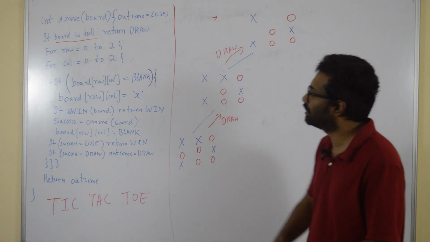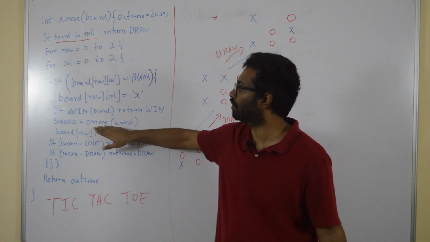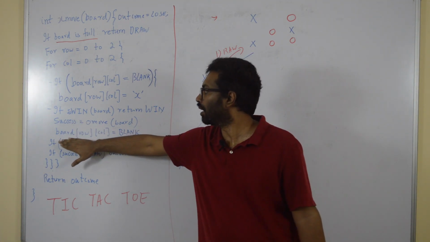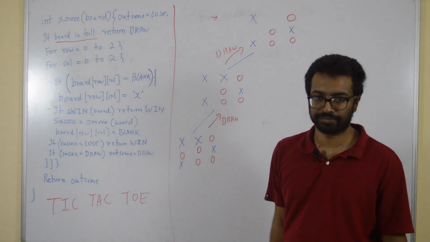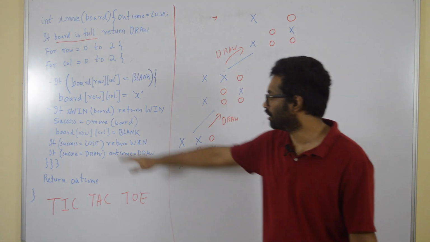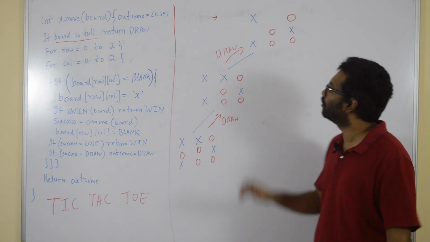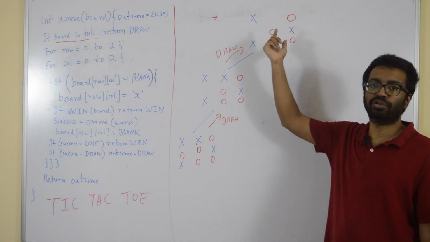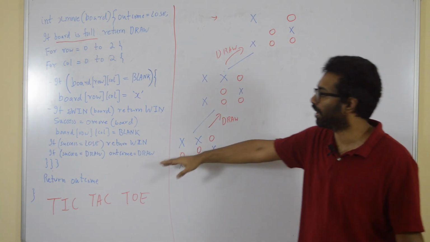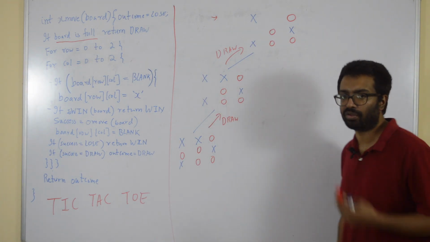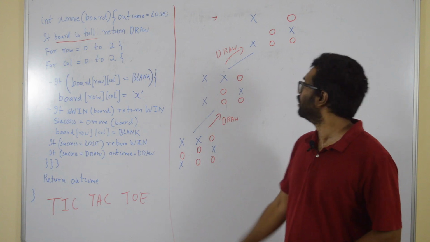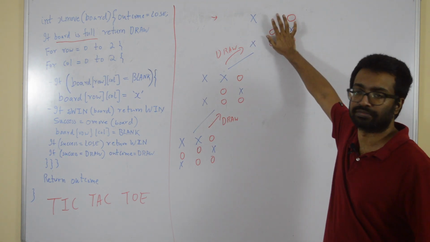So I was here and the success is now draw. And so I set it back to blank, and its success is not lost, so I'm not going to return, and success is a draw, and therefore I'm going to take my outcome is equal to draw. I set my outcome is equal to draw.